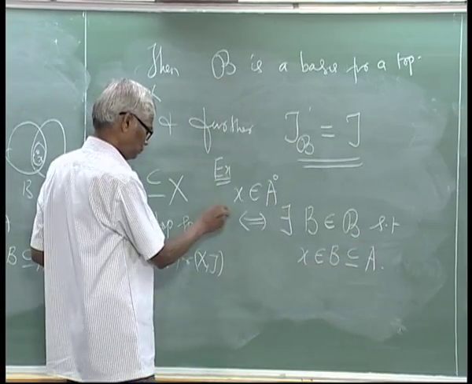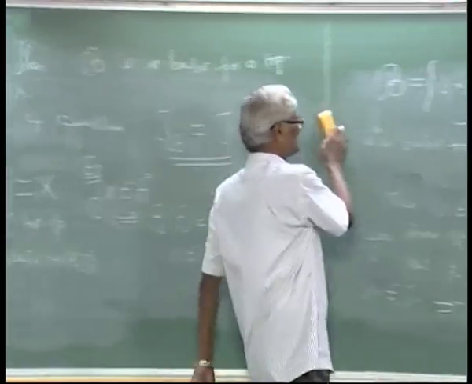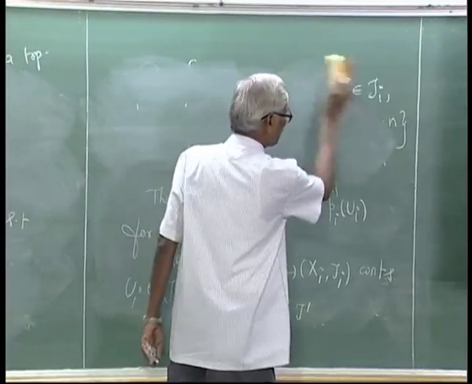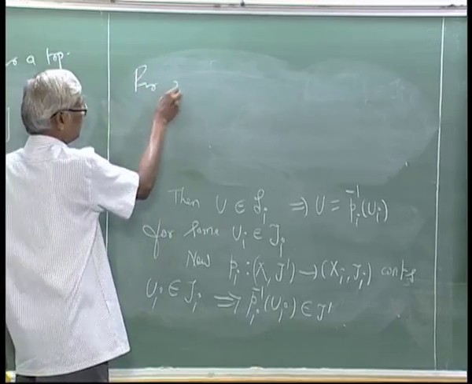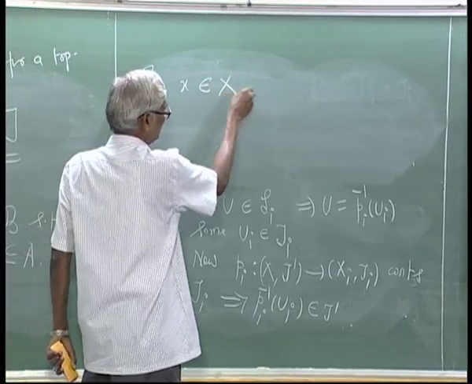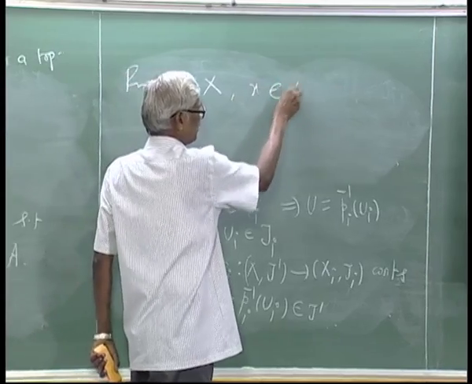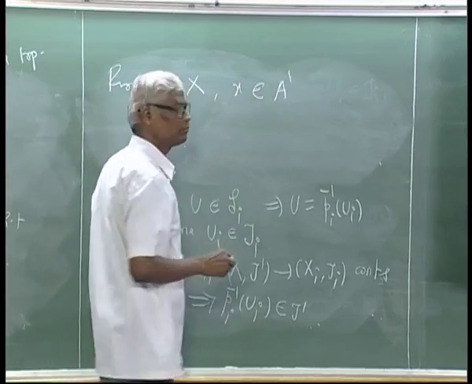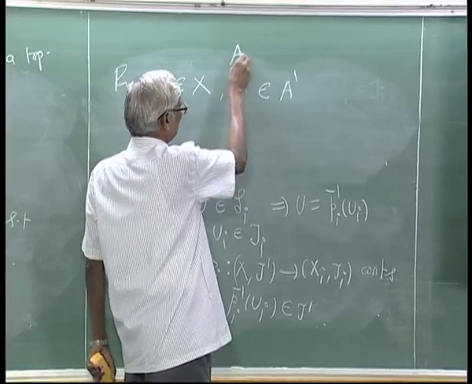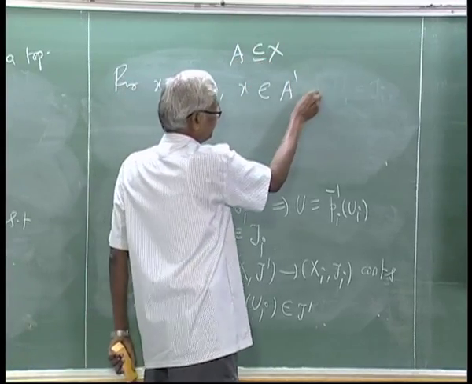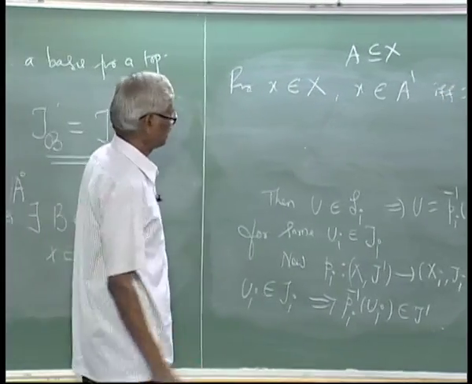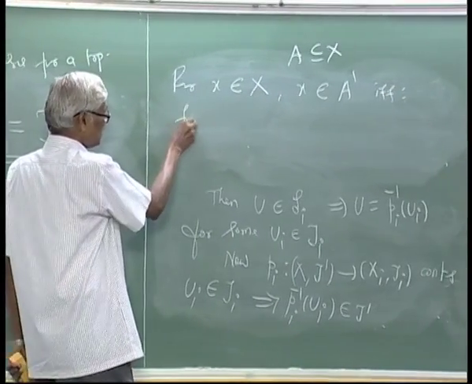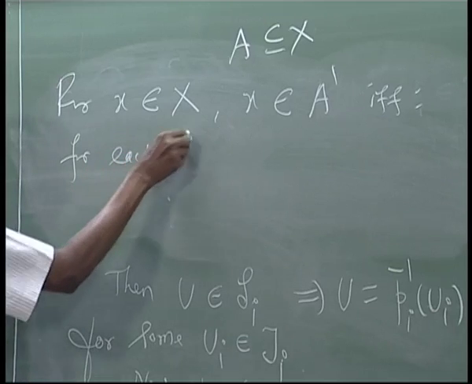Similarly, if you say that X is a limit point, for X in X, X is a limit point of some subset A subset of X, if and only if it satisfies the following property, namely for each basic open set.